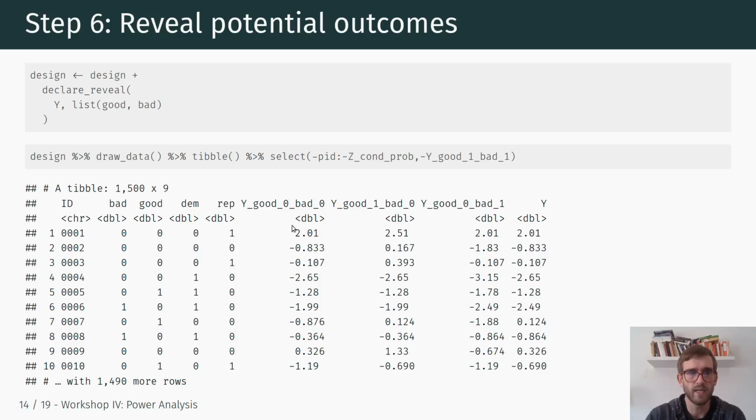and we know that, for example, the first observation here is in the control group and is a Republican. So the realized potential outcome is, of course, the outcome in the control group. So that will be the revealed y that we actually observe, right? Another observation here is, for example, someone in the positive treatment. So that means the potential outcome that is realized is the one where good is equal to 1.